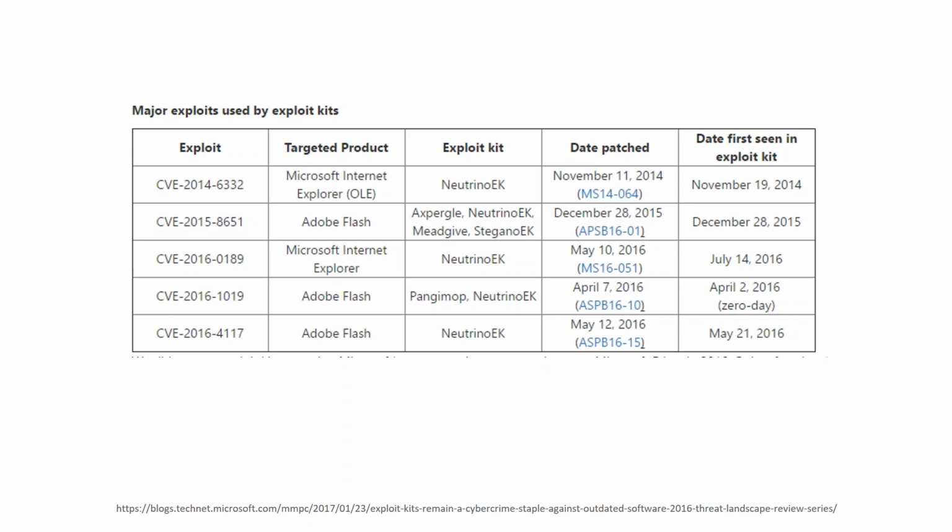Because if Microsoft released the patch for Internet Explorer on May the 10th, well, as long as we patched that sometime before July the 14th when it was first seen in the wild, then we're in good shape, because obviously we weren't vulnerable to that exploit. Now, that assumes you deployed the patch, and you did it quickly. And the reality is that we know that people don't deploy patches in a timely manner.